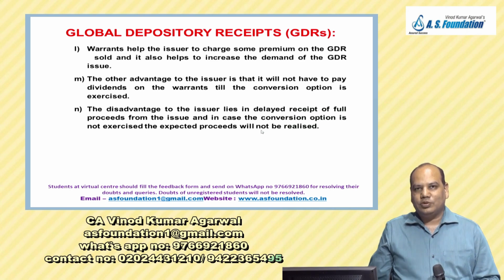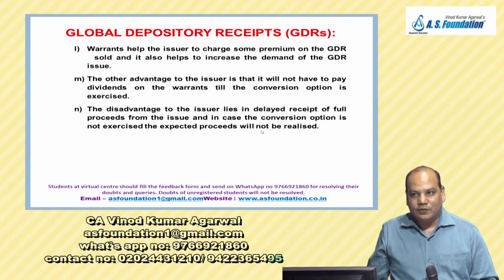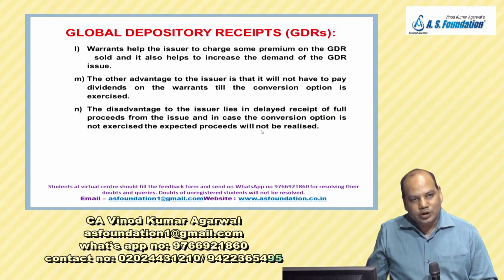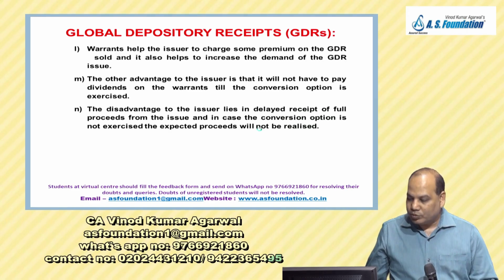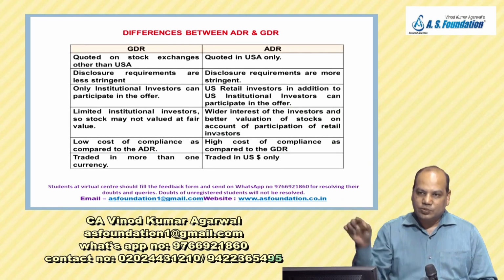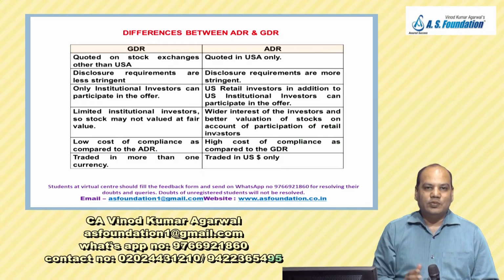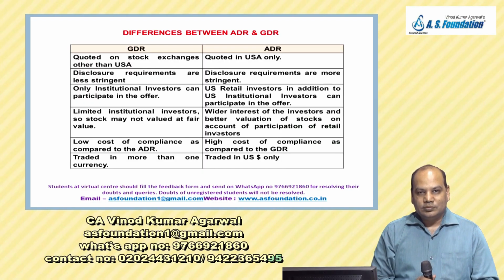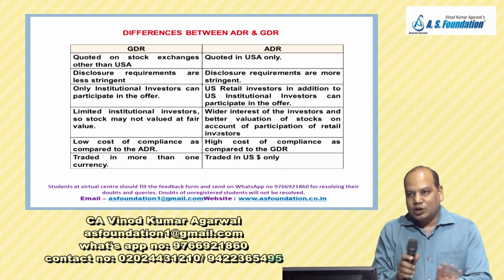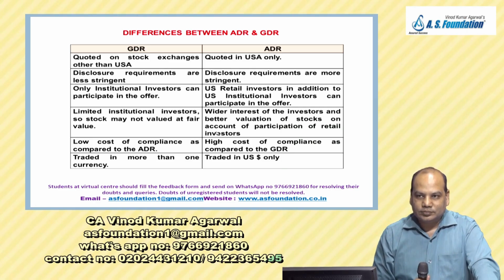So your cash flow calculations will go haywire if the investors do not opt for conversion of warrants into shares. Because many times we plan our cash flows thinking that these GDR holders will convert their warrants into shares. But if they don't convert, my cash planning will go for a toss.